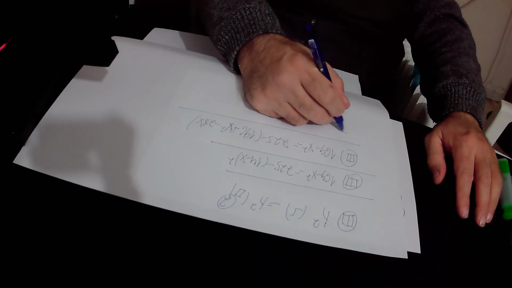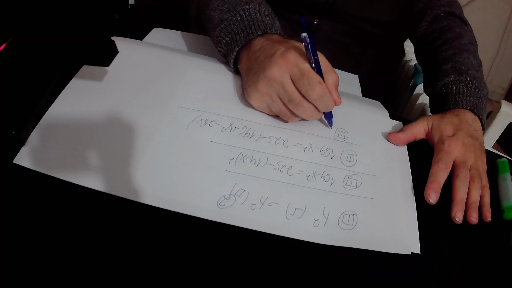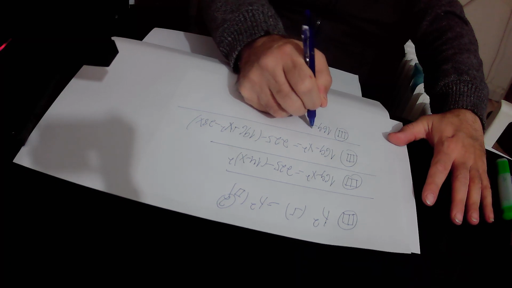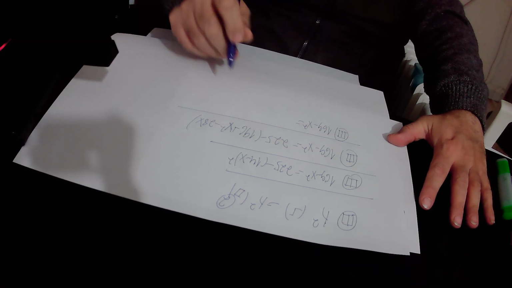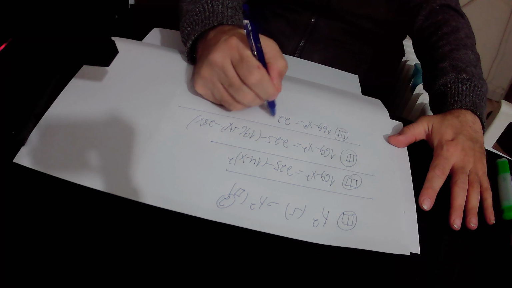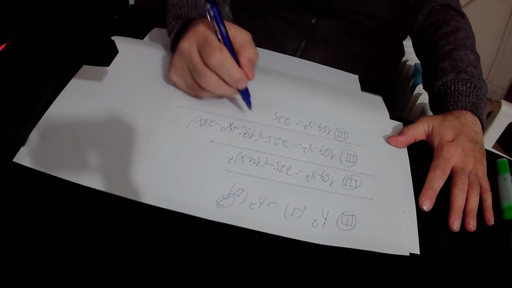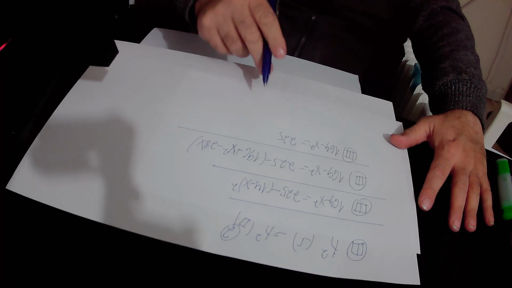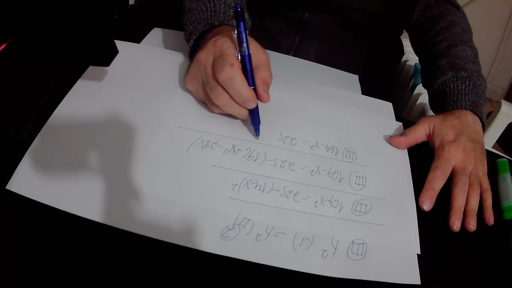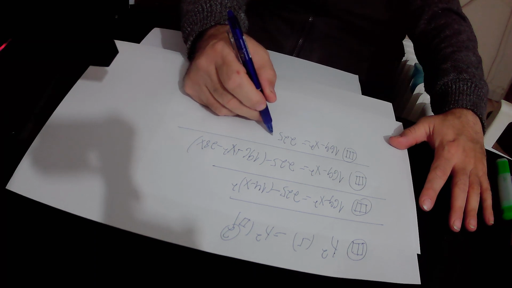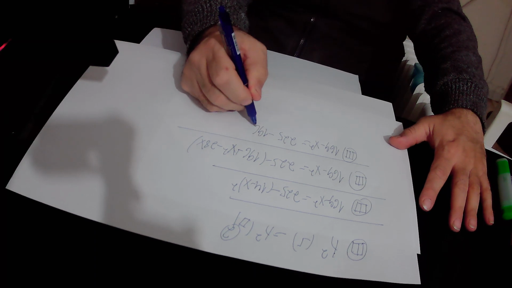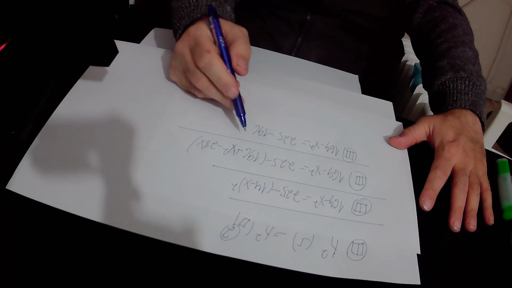So according to equation number 3, we will get that 169 minus x squared equals 225 minus (196 minus x squared), minus 28x. We'll open the brackets here. So here we have minus 196 minus x squared.